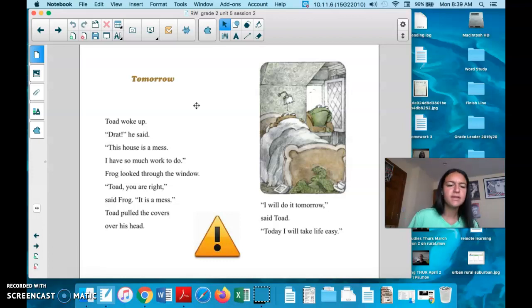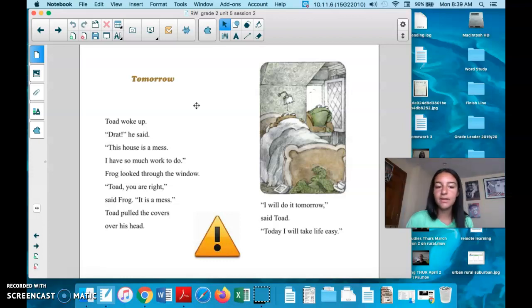Drat, he said, this house is a mess. I have so much work to do. Frog looked through the window. Toad, you are right, said Frog. It is a mess. Toad pulled the covers over his head. I will do it tomorrow, said Toad. Today I will take life easy.